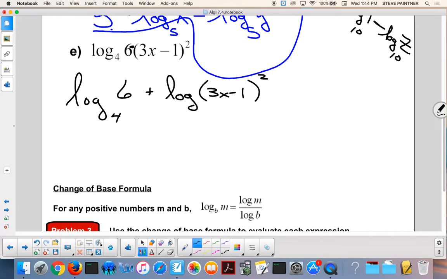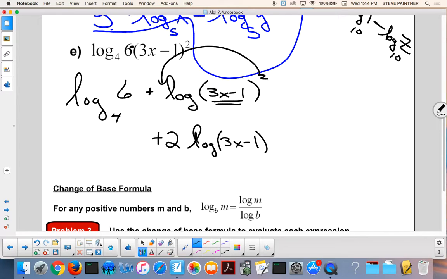Do you know the answer to this? 4 to what power is 6? No, that one's done. The only thing you can do from here is when you take the log of this number, that 2 is a power, part of the power property, put it out in front. 2 log of what? 3x minus 1, with a base of 4. Base of 4, thank you. There you go.